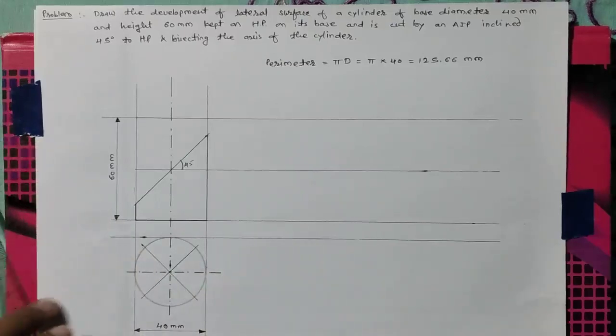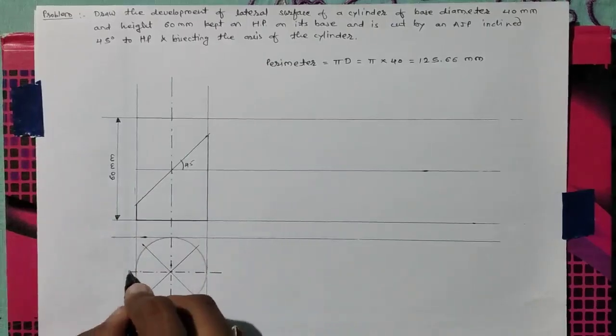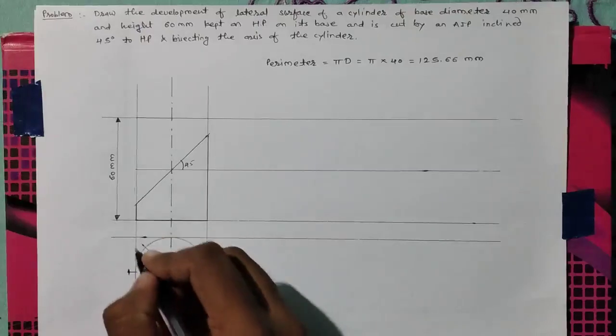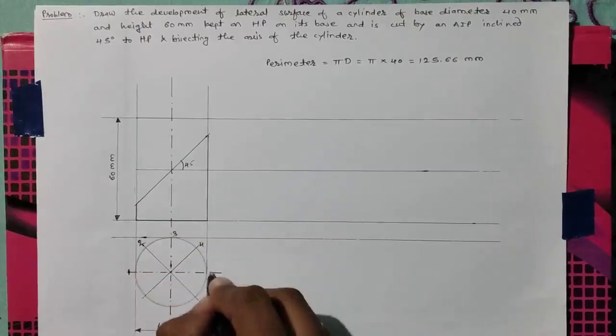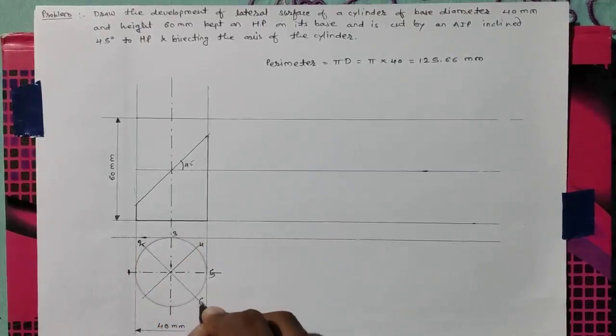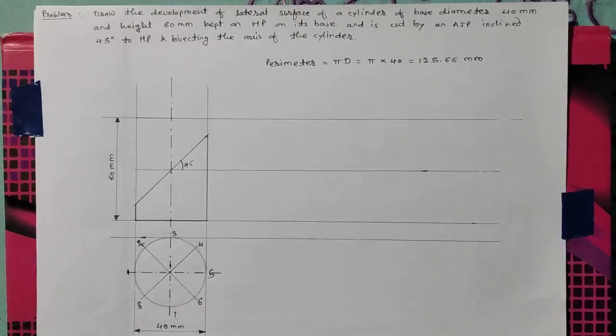After dividing this circle, we have to give the numbering to all the parts: 1, 2, 3, 4, 5, 6, 7, 8. These are 8 equal parts.